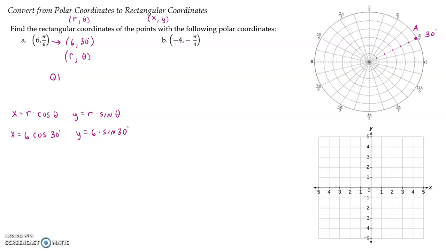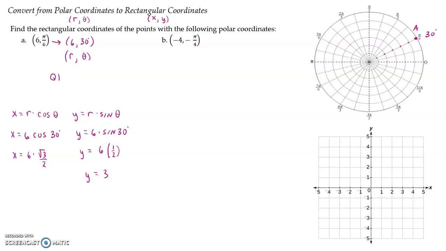Let's work with our y value first. Sine of 30 degrees is 1/2. So we have 6 times 1/2, or a y value of 3. And if we do the x value here, we're going to get 6 times cosine of 30 degrees, which is radical 3 over 2.